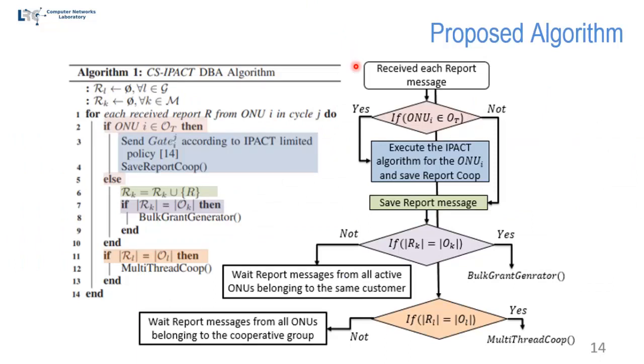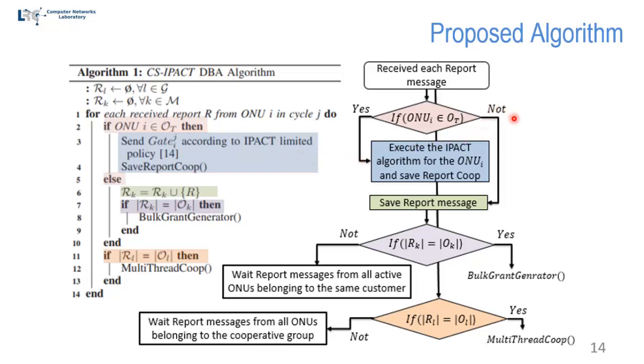Now, this figure summarizes the CS-IPAC algorithm, which resides at the OLT. For each report message received by the OLT, it is verified whether this report message comes from a traditional customer or a multi-ONU customer. In the first case, the OLT immediately sends the gate message according to the IPAC with limited policy.